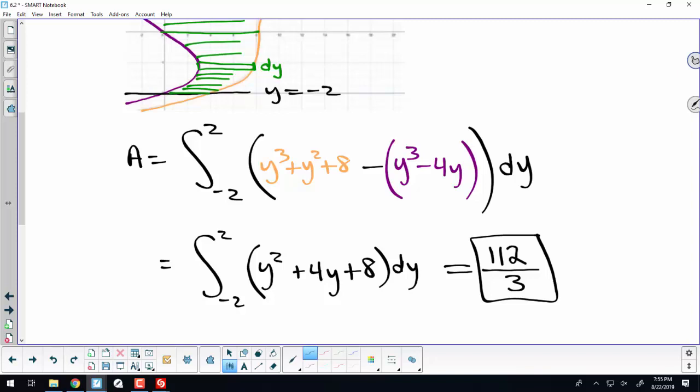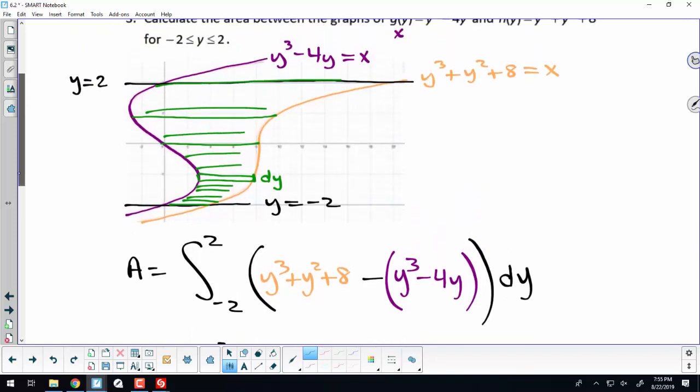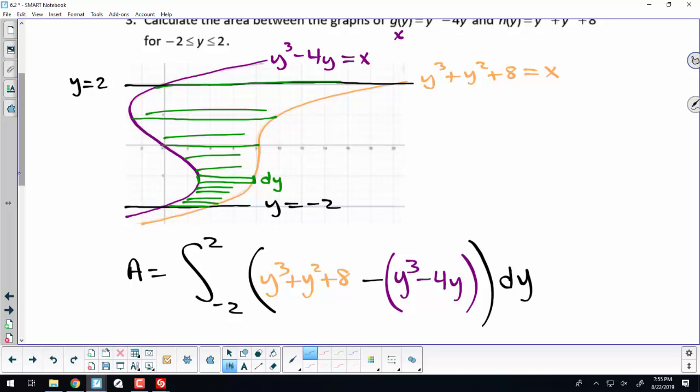So whether or not the two curves touch at the end doesn't matter, whether they do at like -2 and 2. They don't have to touch for it to work. Oh, right, they don't have to touch, because it says find the area bound by these things.